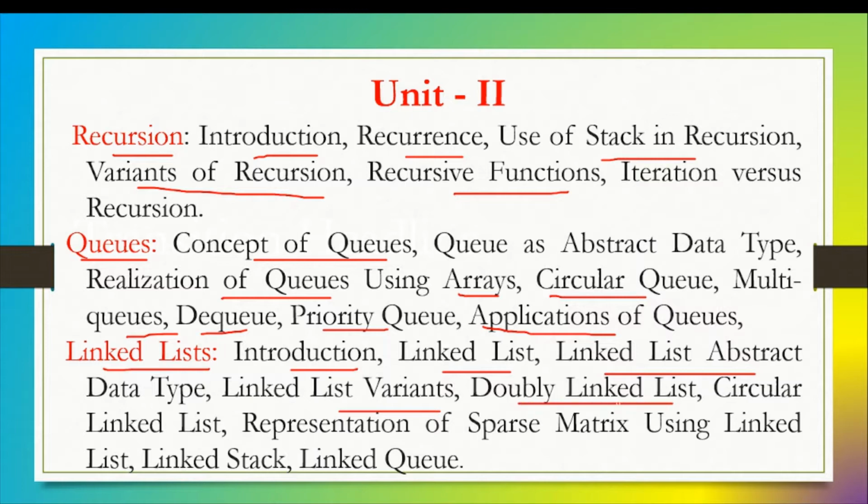What about the double linked list, what about the circular linked list, and we can also learn about the sparse matrix, how to represent a sparse matrix using linked lists, and we can also implement the stack and queue using linked lists, the linked stack as well as the linked queue.